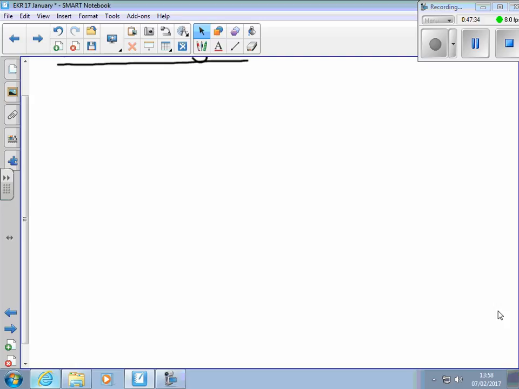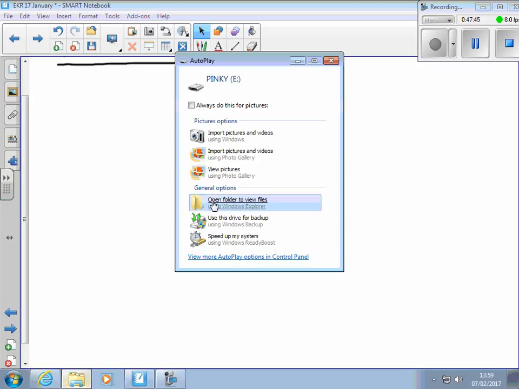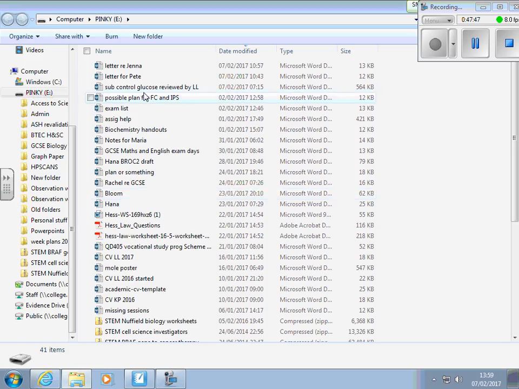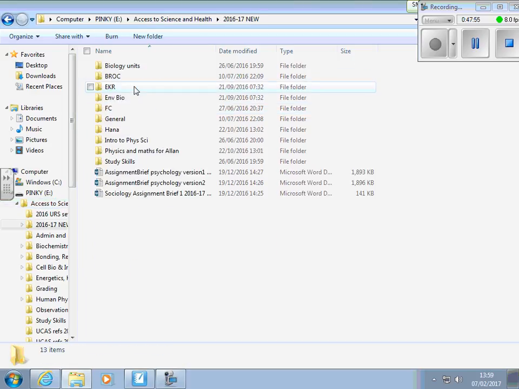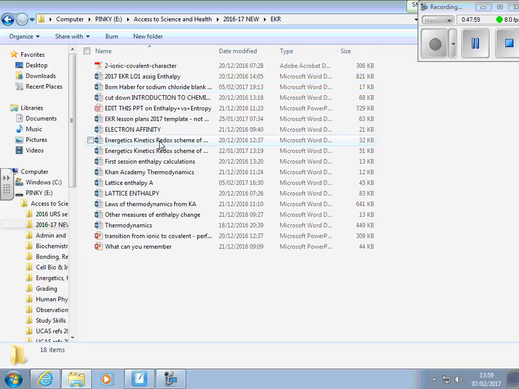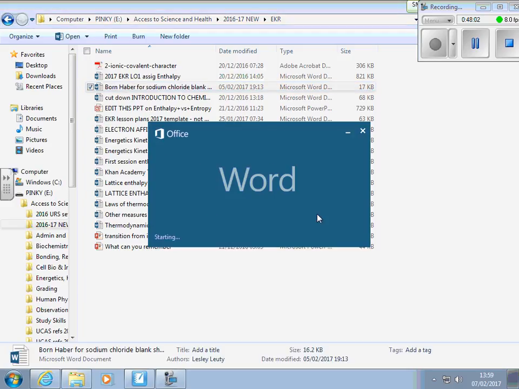Okay, now our base point for this, and I wonder if this would be easier if I actually did it on the... I can open up Word, can't I? I can open up this particular... just trying to think where I've put it. Sensibly, it'll be in there. Born-Haber cycle for sodium chloride, blank.